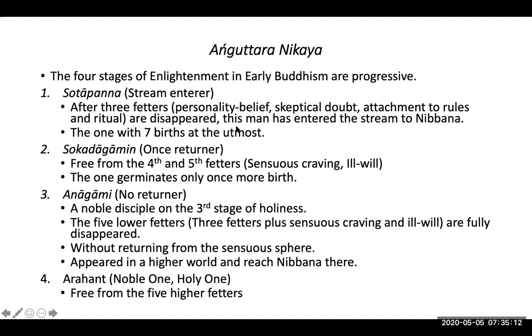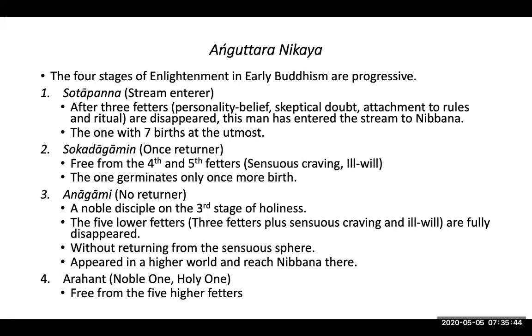This person has entered the stream to nirvana. And once the person enters this stream, this person will be reborn seven times at the most. And once this person enters the route, these three fetters are conquered.